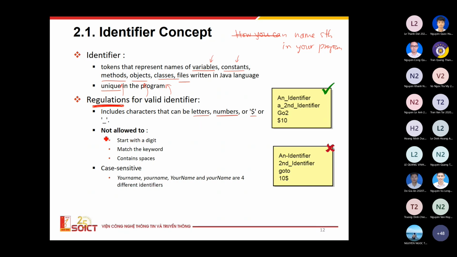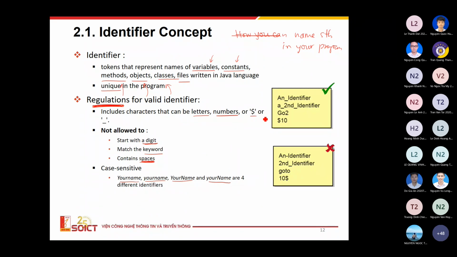Okay, and the rule says that you cannot start a name with a digit, or use a keyword as an identifier. Okay, and you cannot contain a space in the name. Okay, and because Java is case sensitive, if you use these four identifiers, you will have four different things. Okay, this is case sensitive.